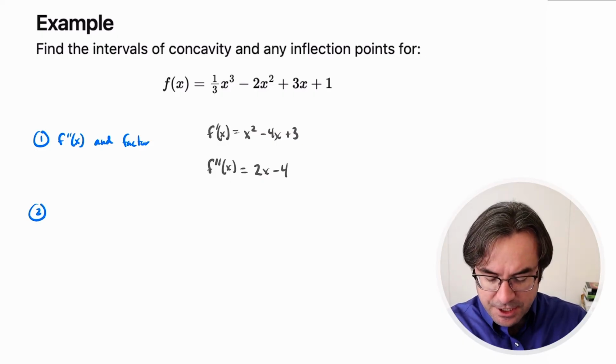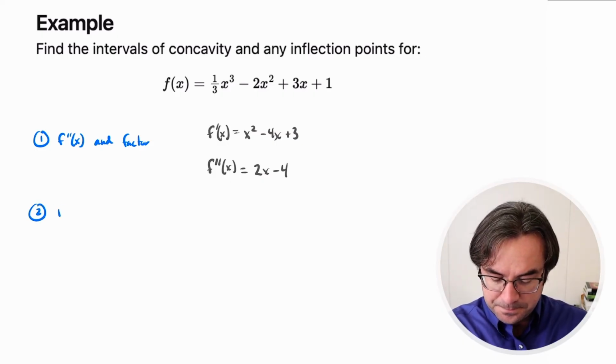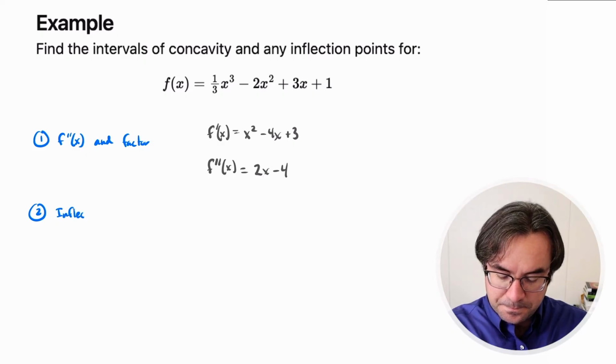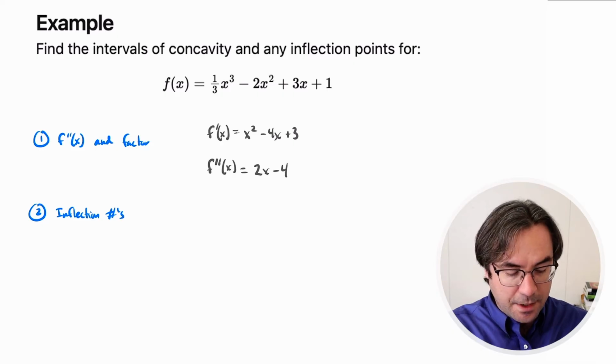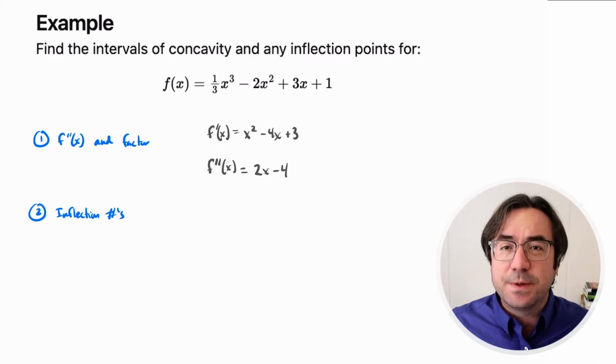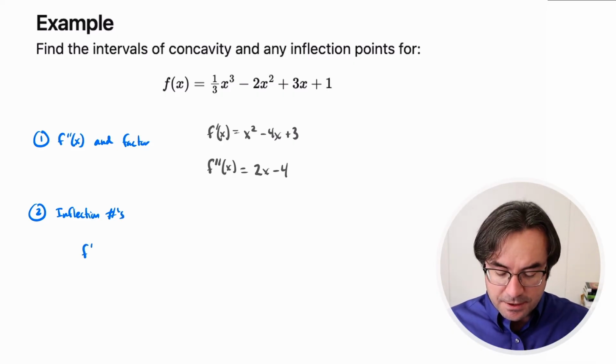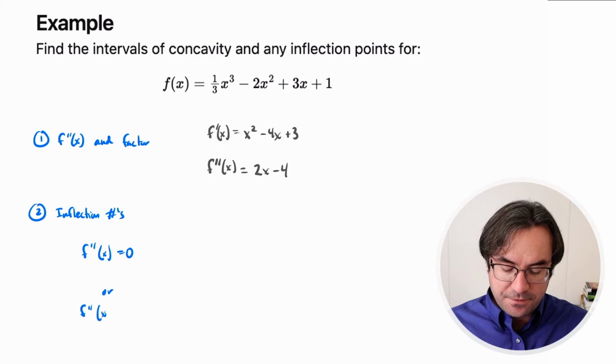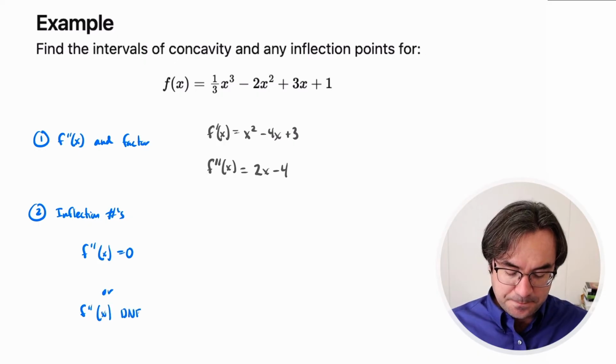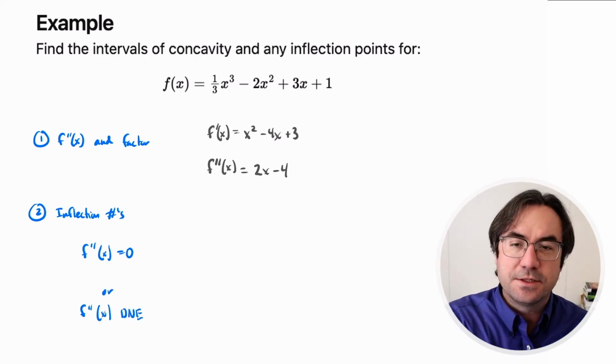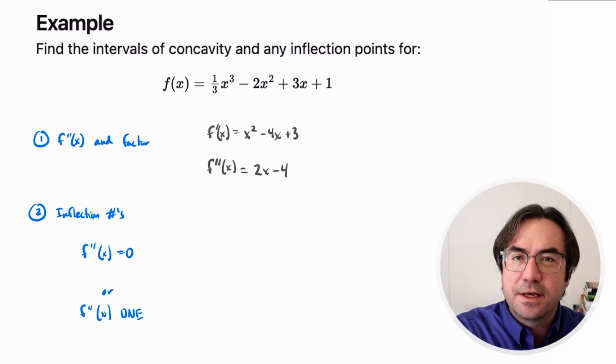So let's get our inflection numbers. All right, so what are the inflection numbers? Well, there's two ways we can get one. It's where our second derivative is either equal to 0 or where the second derivative does not exist. So how can a function like this have a place where it doesn't exist?